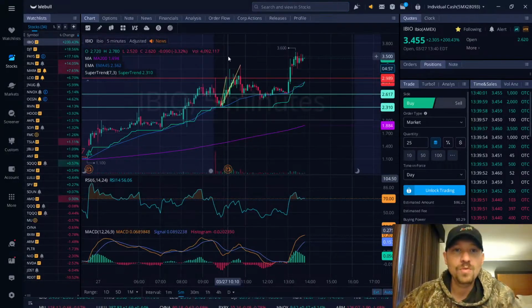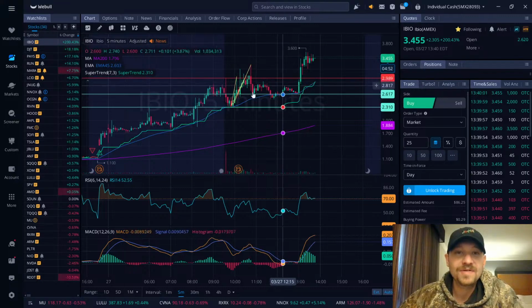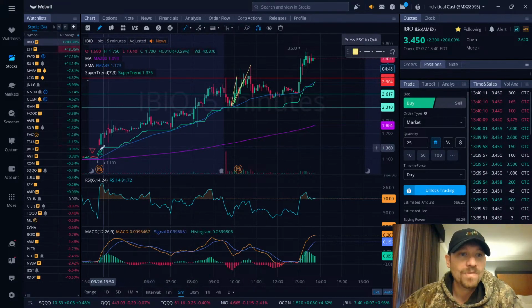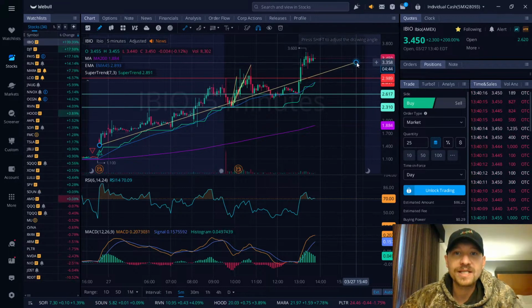So let us go ahead and look at some of this. We're going to do an example with a company that we traded today. Now, as you can see here, clearly there is a divergence, watch. You can draw this line just like that.